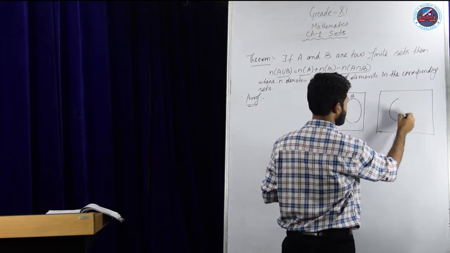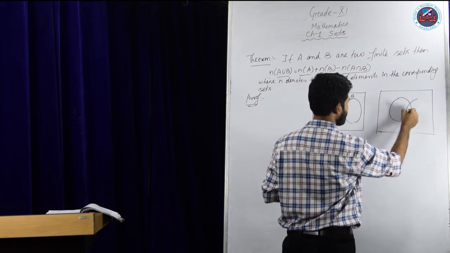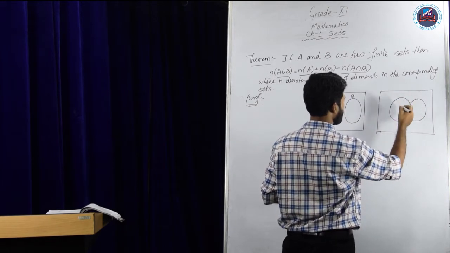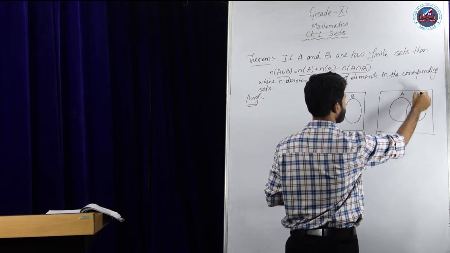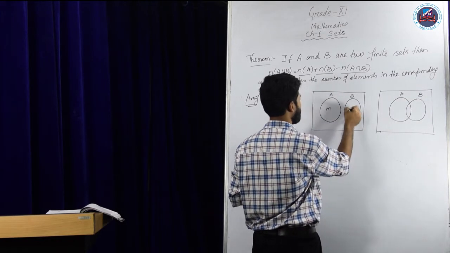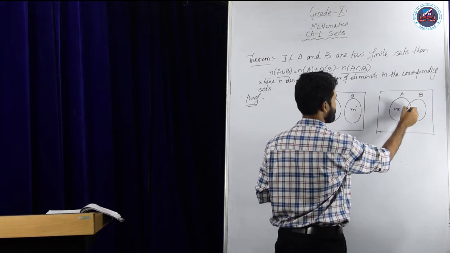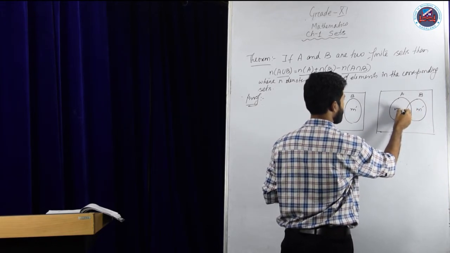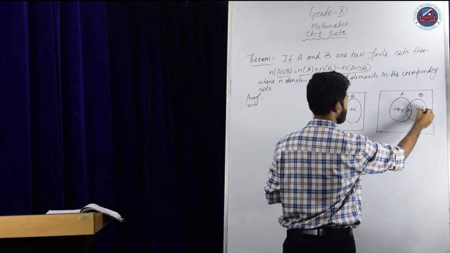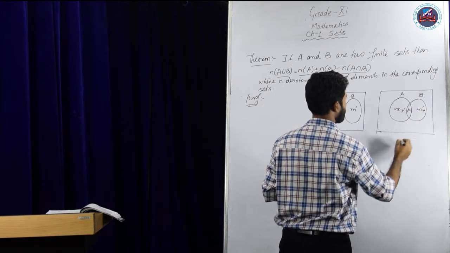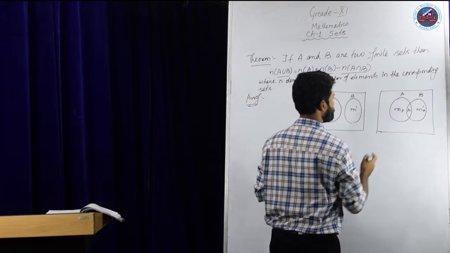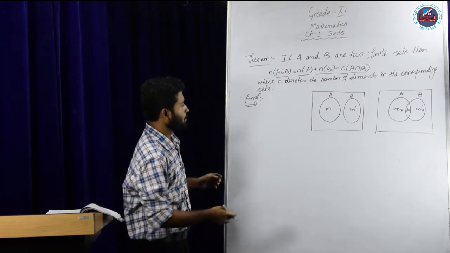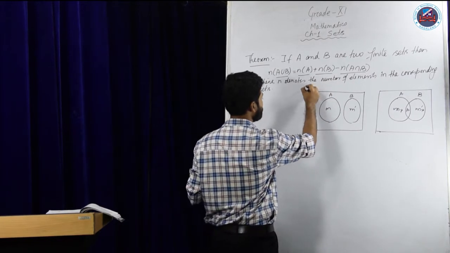In the second case we shall take that the sets are not disjoint. Okay, and this is the universal set U.